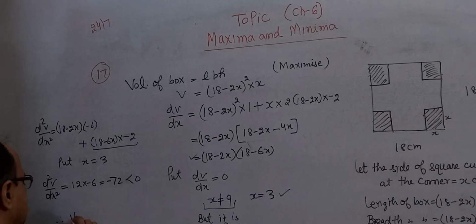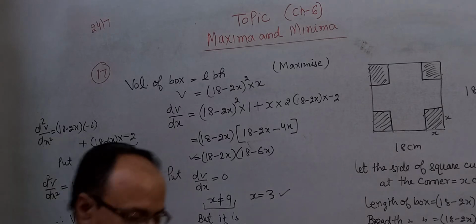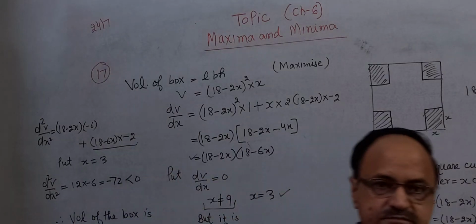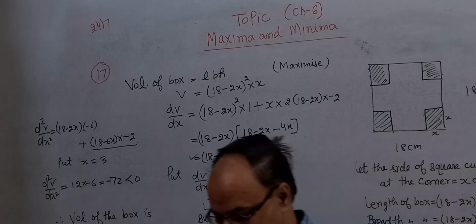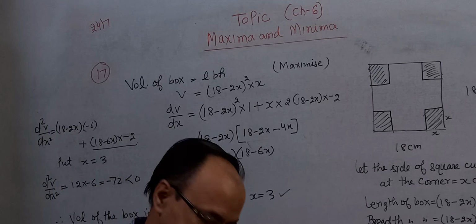Therefore you can say the volume of the box is maximum if x is equal to 3. This is the solution of this question. Clear? In this question we have to maximize the volume of the box. Clear?